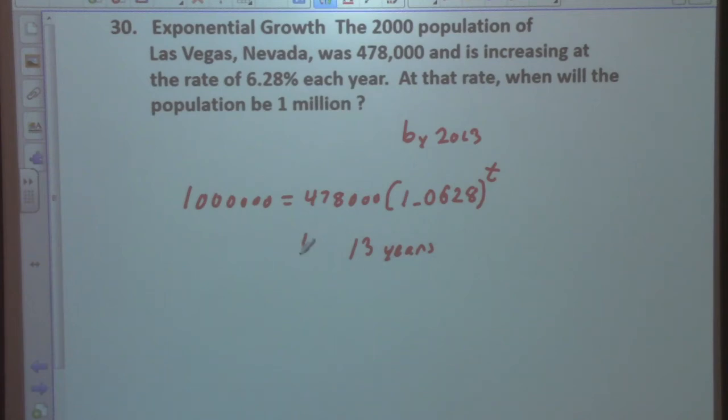So by 13 years later, so you got 2,000 plus 13 equals by 2013. Any other questions on that? Or any questions at all on that? Okay, pretty simple.